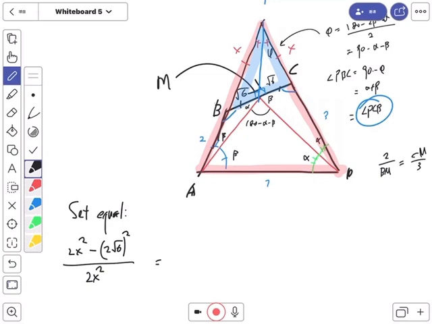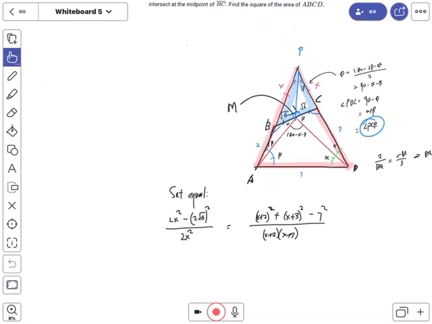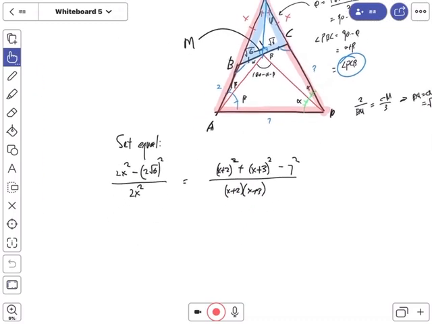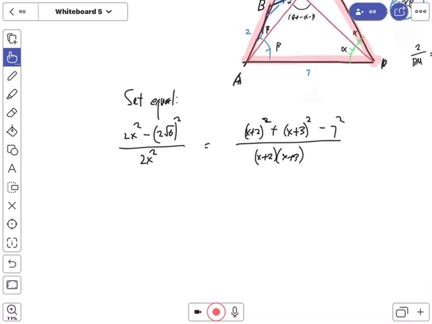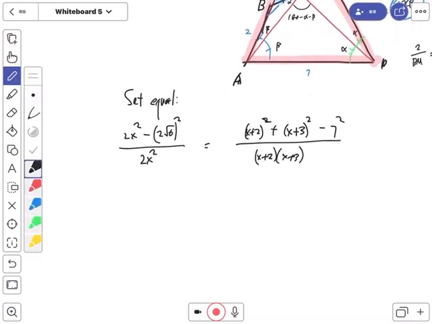Now, the right side is going to equal x plus 2 times x plus 3, and then the top is going to be x plus 2 squared plus x plus 3 squared minus 7 squared. So these two are just indeed equal, and now the calculation doesn't seem to be friendly, but obviously we still have to do it. So we're just going to be proceeding.